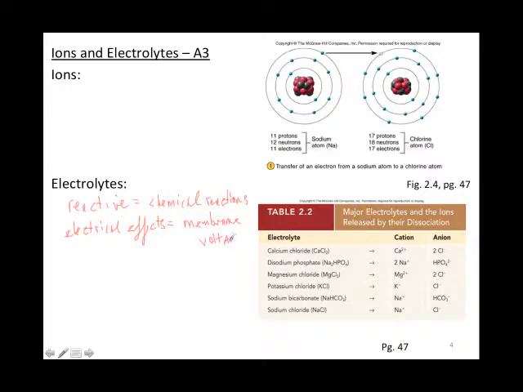What that means is that every cell in the body has a difference of ions in the cell and outside of the cell. And that's very important to maintaining membrane voltage so that the cells can function properly. And that's something we get into more depth in Biology 106.